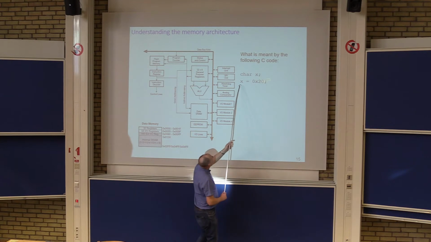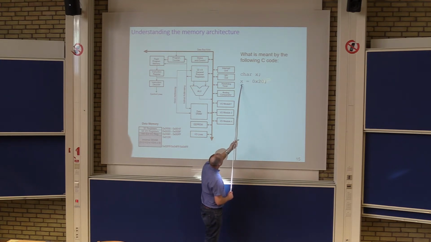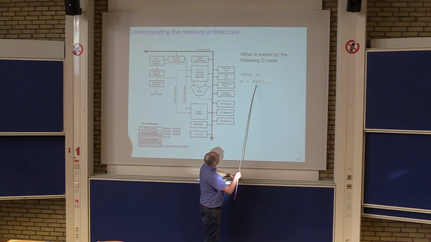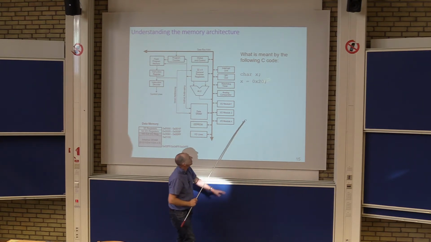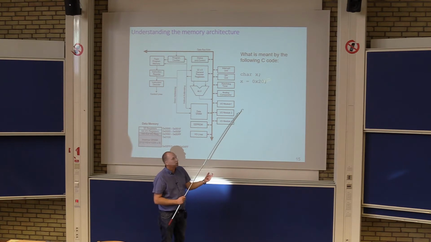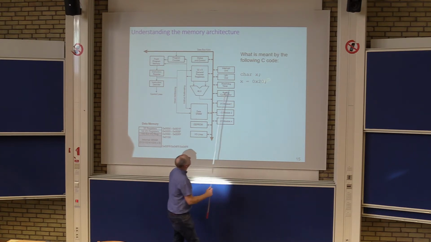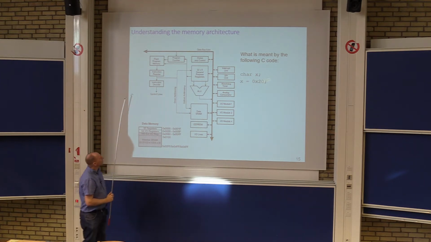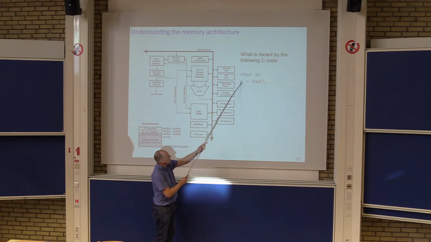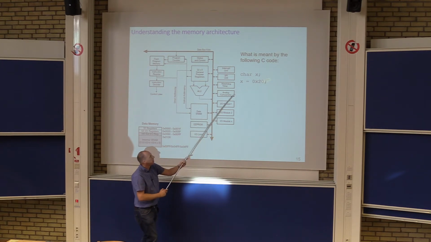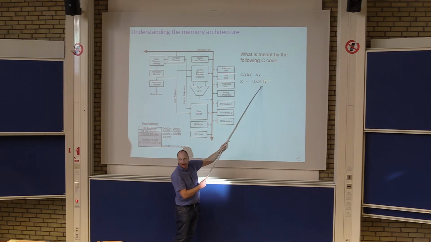Okay, and then we assign x the value that we have here, which is the hexadecimal number 20. So the last 4 bits will be 0, the 5th bit will be 0, the 6th bit will be 1, and the other bits 0. At the memory location that has been allocated to x, we will store these 8 bits.